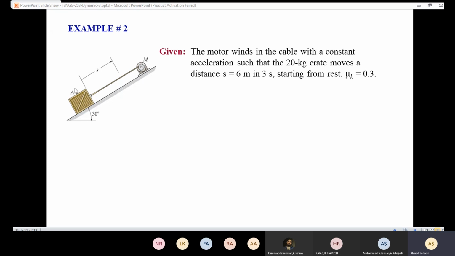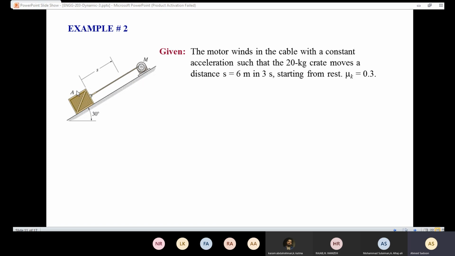And the weight of the box here is 20 kilograms. And that one is going to move a distance of 6 meters in 3 seconds. So after I operate that motor, the box is going to move 6 meters in 3 seconds.